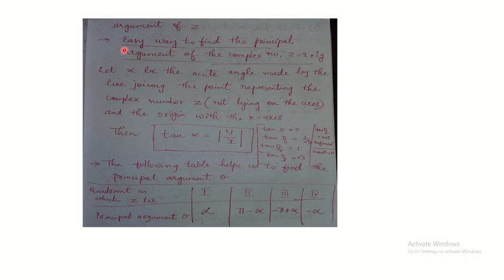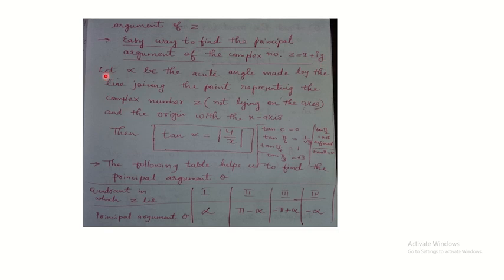So next we have an easy way to find the principal argument of the complex number. There is a method to find the value of theta. The principal argument theta of a complex number is given as z equal to x plus iy, or you can write z equal to a plus ib. So x is your real part, y is your imaginary part.